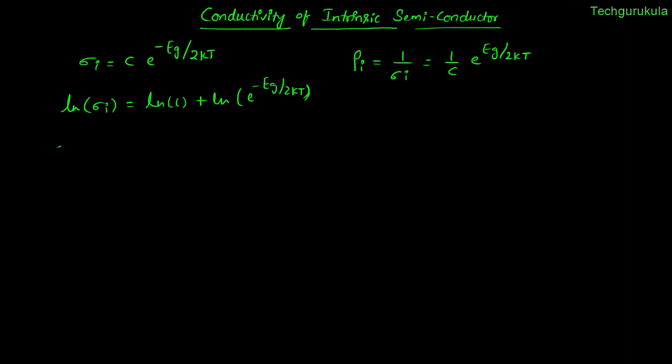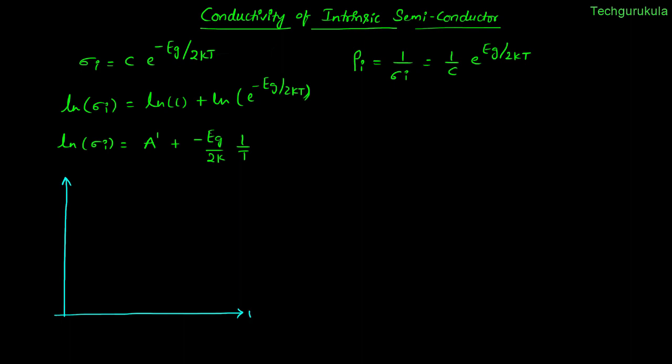Now we can represent this as ln of sigma i is equal to ln of C, which is a constant, so let me represent this as A prime, some constant, plus ln of this exponential, which can be written as minus Eg over 2k times 1 over T. Now let us try to plot this function with respect to 1 over T, where I am taking 1 over T on the x-axis and ln of sigma i on the y-axis.